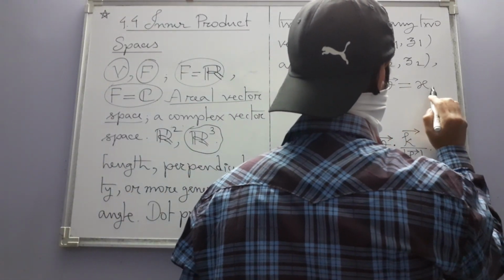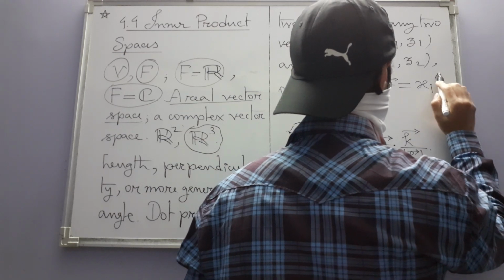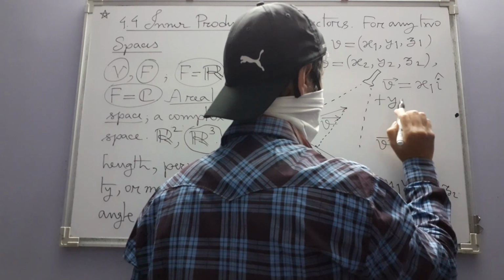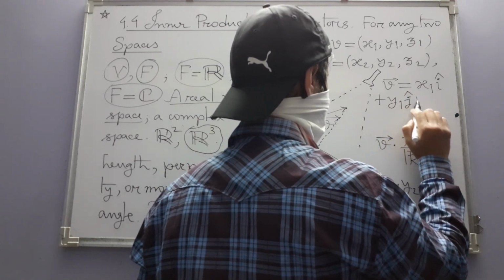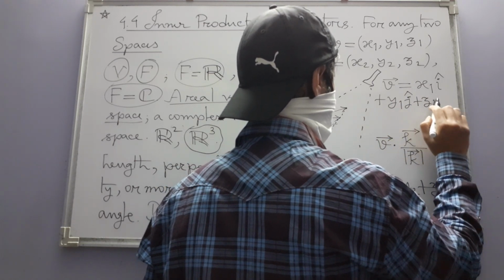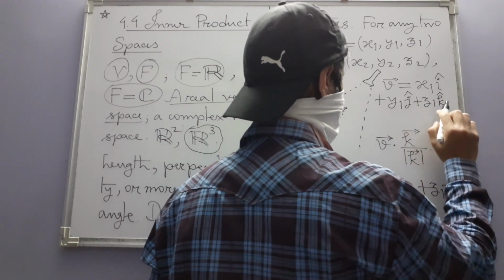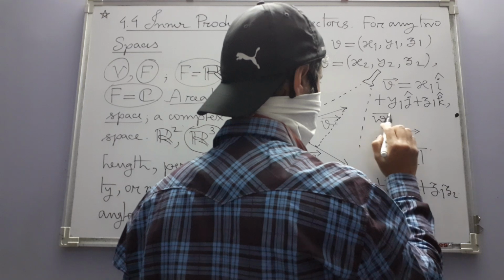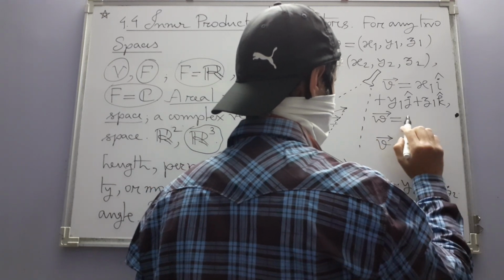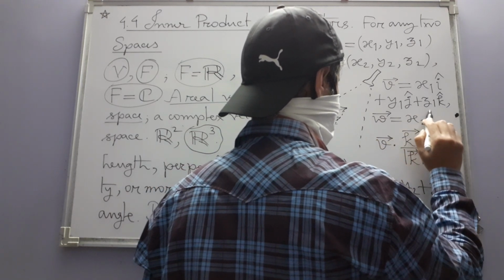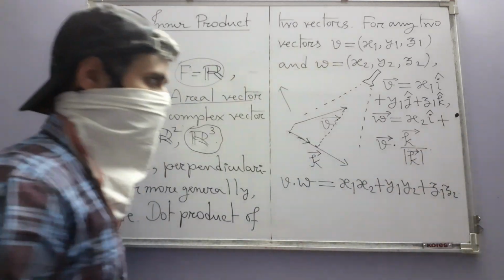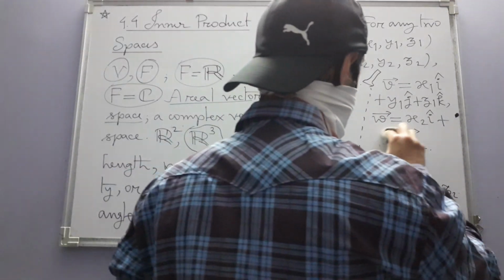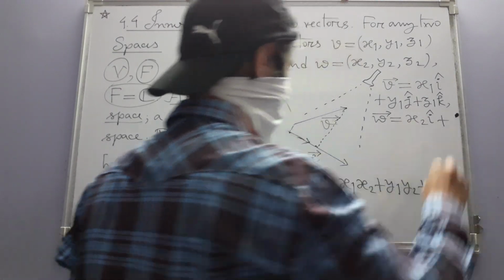It looks like this: x1 i cap plus y1 j cap plus z1 k cap. Similarly, your vector w is x2 i cap plus y2 j cap plus z2 k cap.